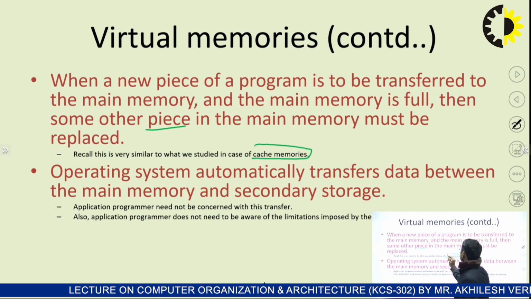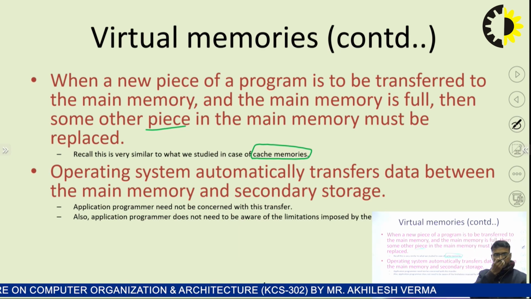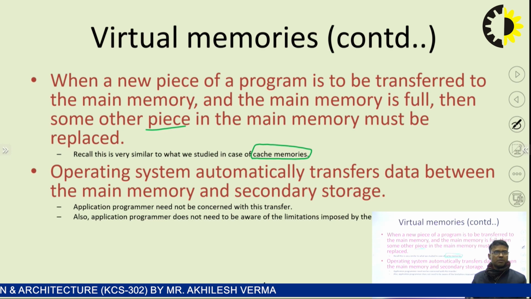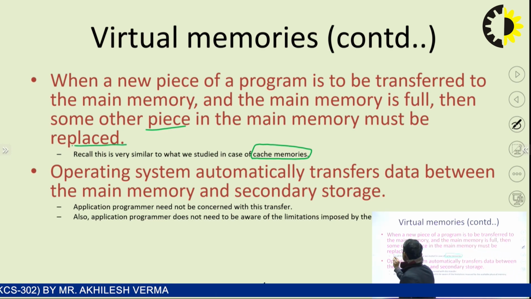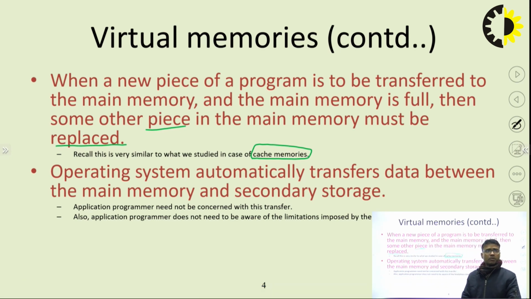If the cache line or the cache mapped location is full, we can bring a new block only when the previous block existing in the cache memory is replaced. A similar technique is used in virtual memory when the main memory is full. So who performs this particular task? The operating system automatically transfers data between the main memory and the secondary storage in the background.